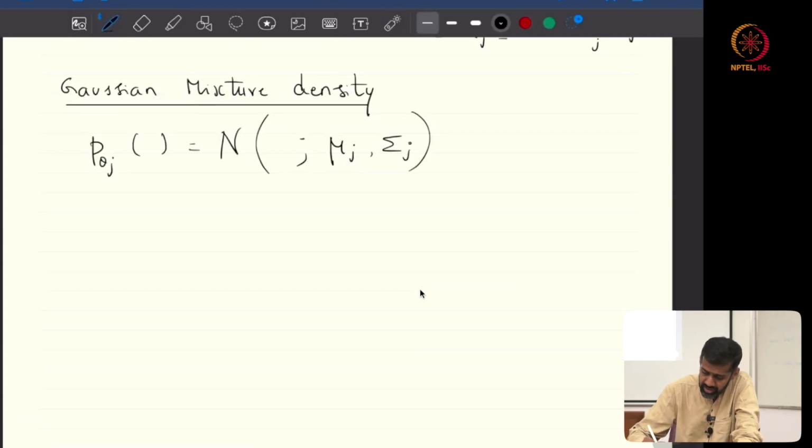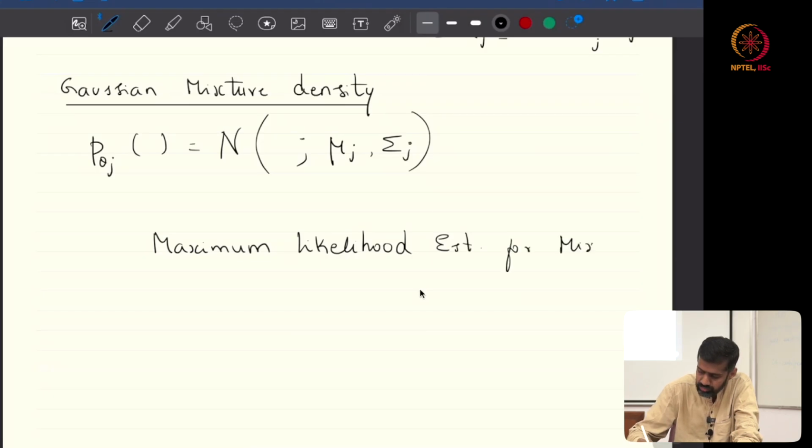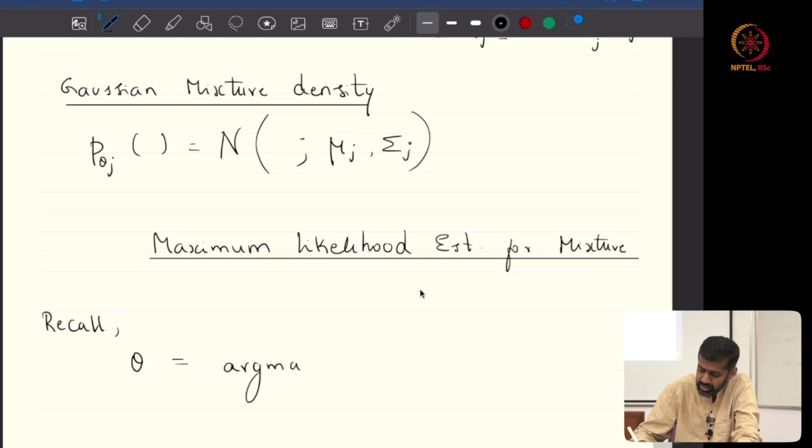Now let us look at parameter estimation, or maximum likelihood estimation, for mixture densities. Recall that theta was taken to be the maximizer of the likelihood function.